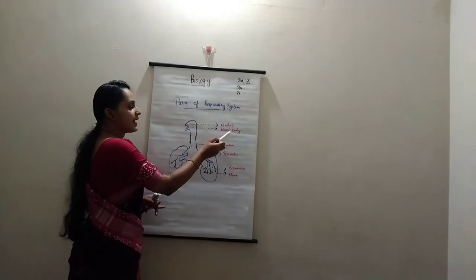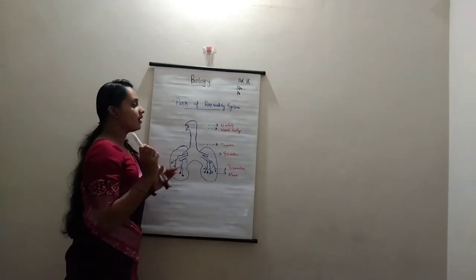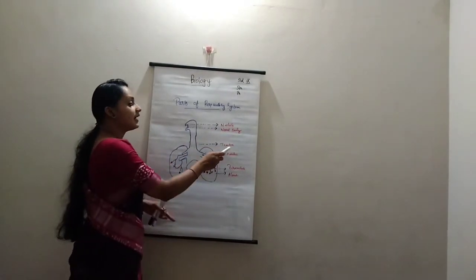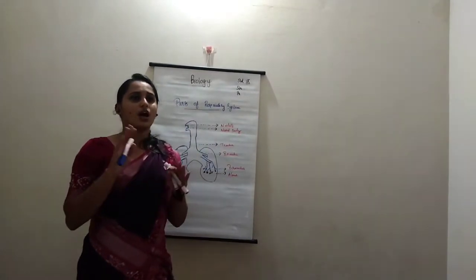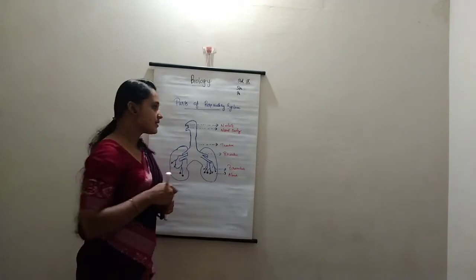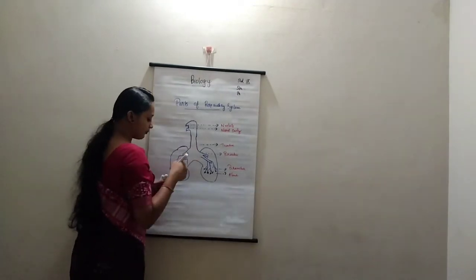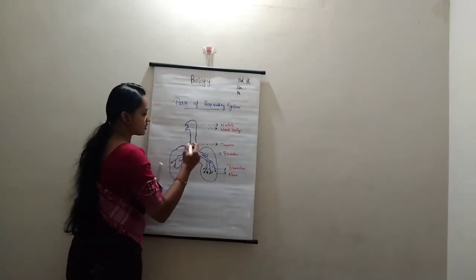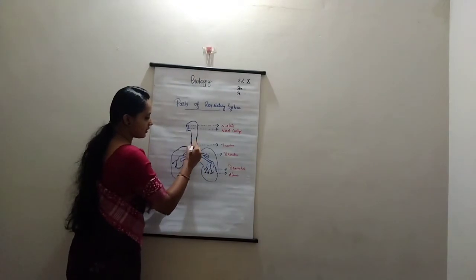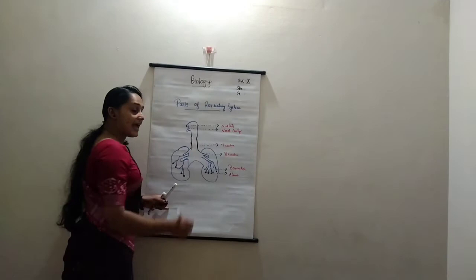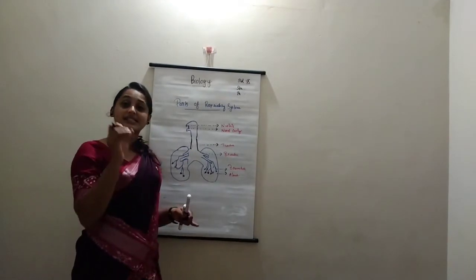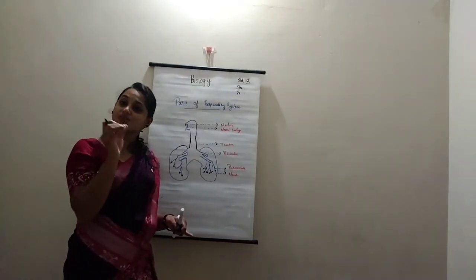Then the trachea. The trachea is a long, tube-like structure. We all saw it in the video. And in the trachea, there are C-shaped cartilaginous rings present.